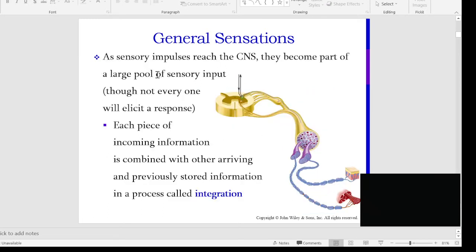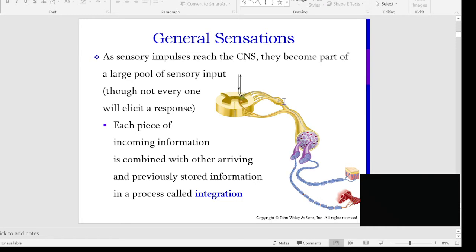So sensory impulses in the CNS become part of a large pool of sensory input. So it comes from the skin, right? It's somatic. It goes up and enters the nerve. This is an axon heading to the cord. So where does it enter when it reaches the cord? It enters the posterior horn, the dorsal root ganglion cell, no?